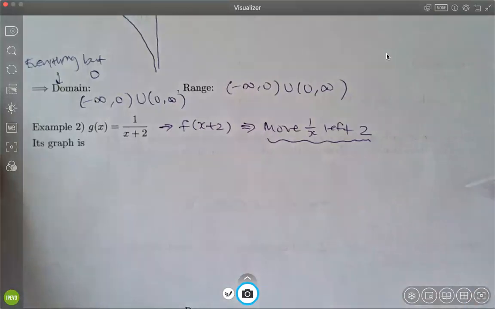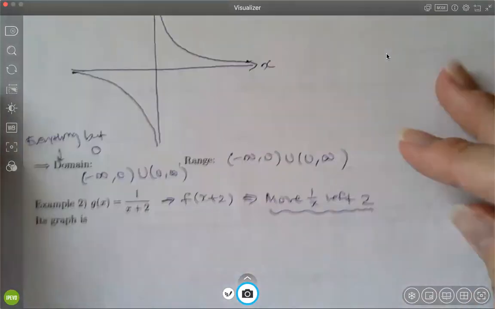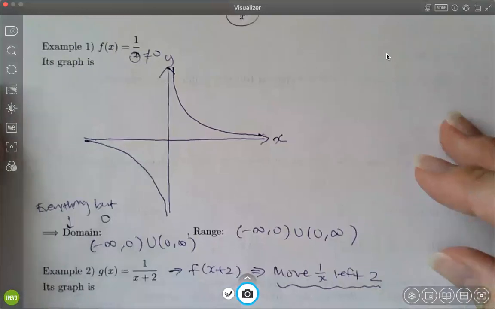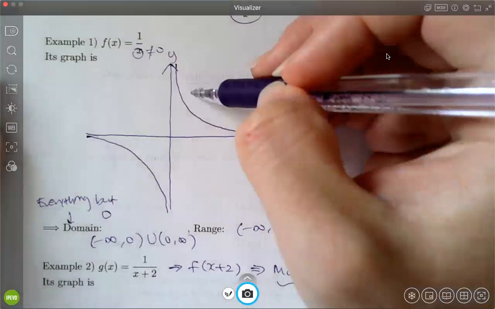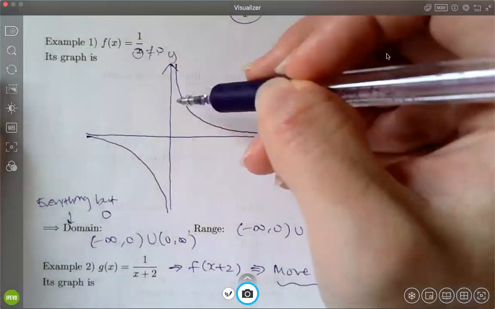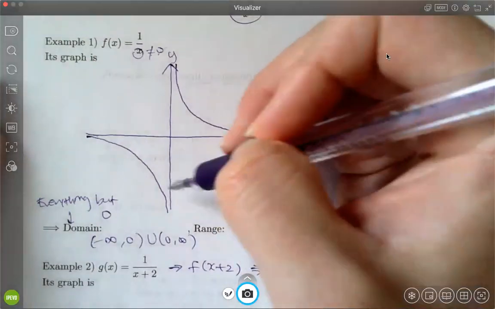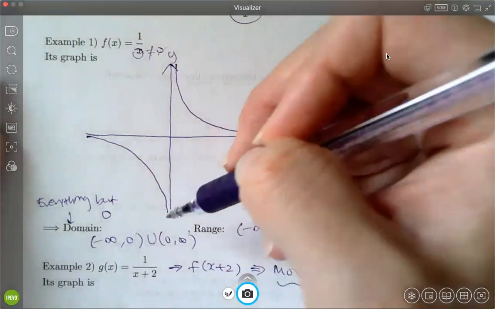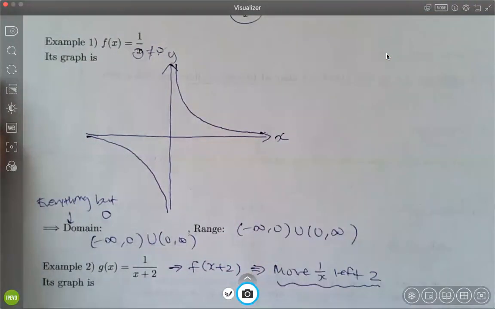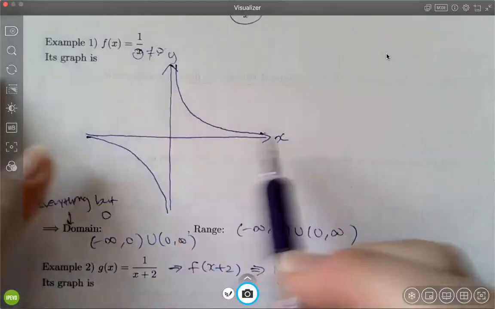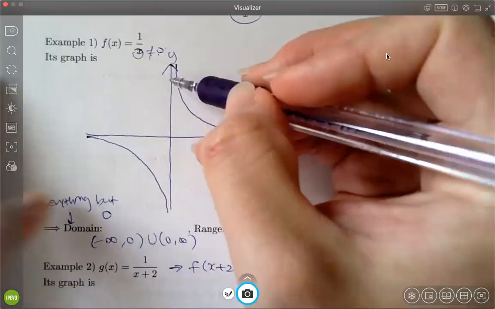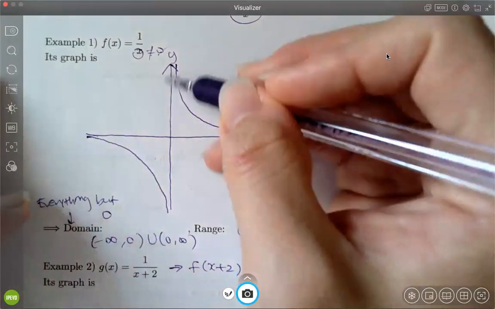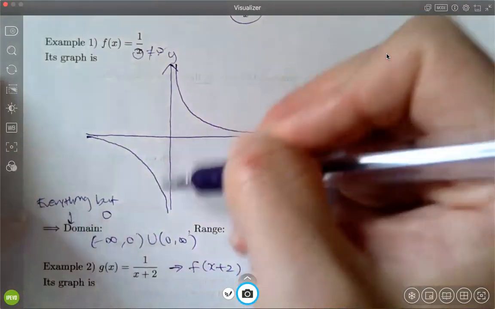Okay, so now what do you expect to happen in terms of the graph? So if we look at this graph, there's this big blow up part here, okay, and then there's this big falling down part, okay. So what do you want to happen? So basically it will maintain these two curves, right? Okay, but then what is changed? This big separation line here, which is the y-axis in this case, we're going to be somewhere here, right?